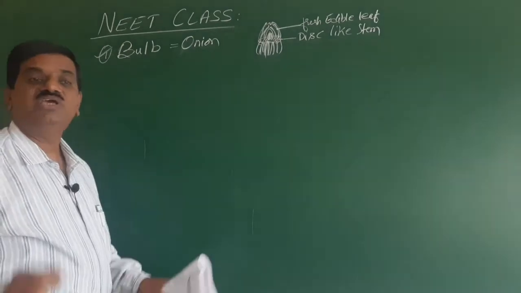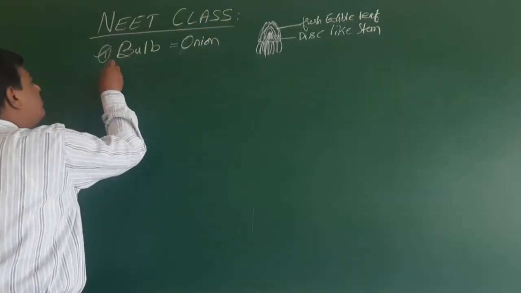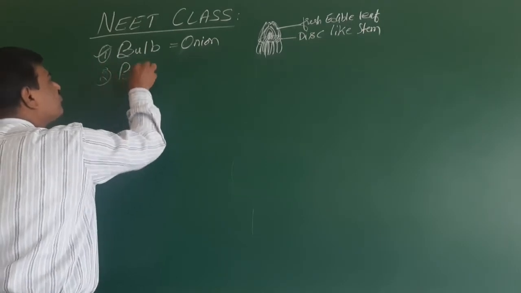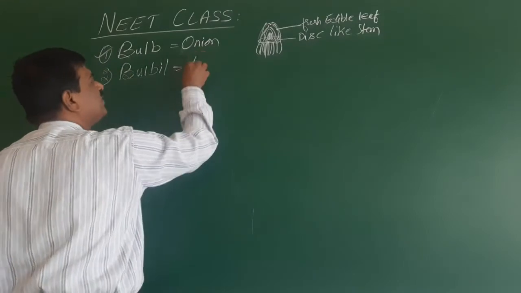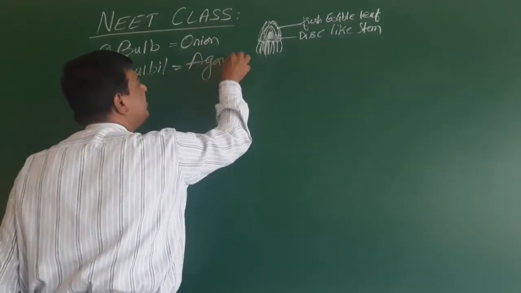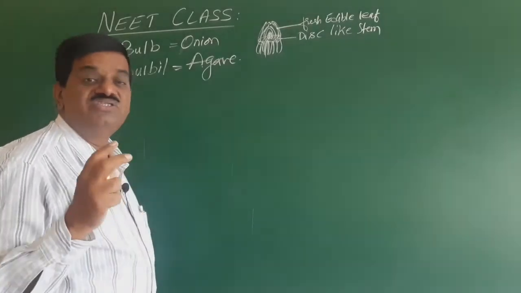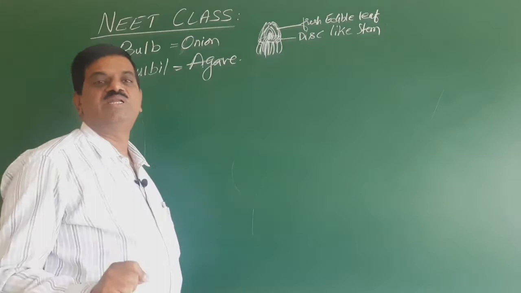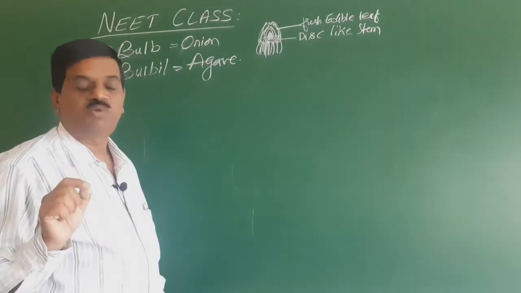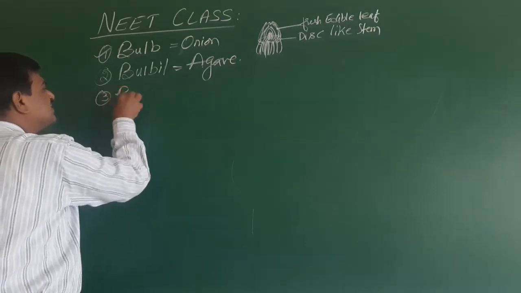So we are going to see the other options. The second one is called bulbil. In a bulbil you can see an example called agave. In agave, towards the lower side of the plant there are spherical structures called bulbils which help in vegetative propagation.